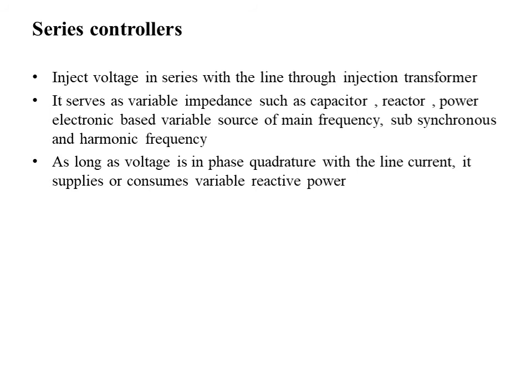As long as voltage is in phase quadrature with line current, it supplies or consumes variable reactive power. The series controller mainly controls the voltage, so line current will remain constant. That means if you control the voltage in such a way that it is in quadrature with the line current, then the series controller only controls reactive power. But when voltage and current are out of phase, it can also control the real power, that is active power.